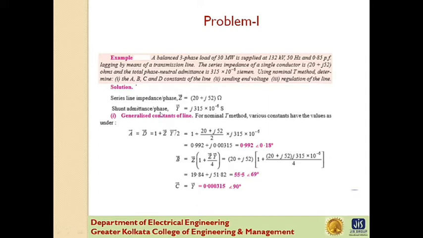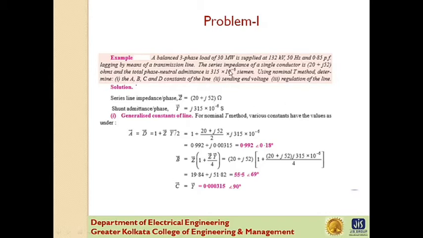Now for the nominal T method, the value of A and D is equal to 1 plus zy by 2, B is equal to z into 1 plus zy by 4, and C equals y. Now it is given z equals 20 plus j52 and y equals j315 into 10 to the power minus 6.